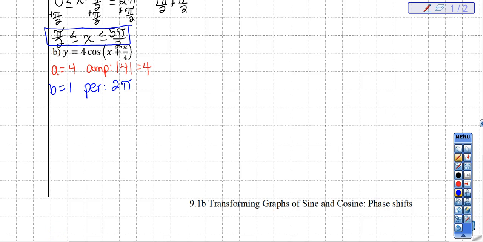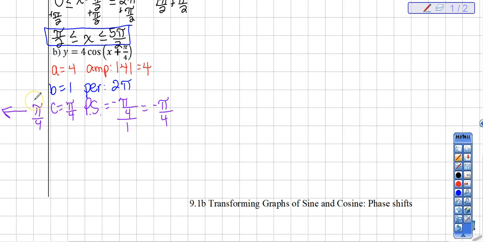Okay? And then your c term is pi over 4. So we're going to use b and c to find your phase shift. So your phase shift is the opposite of pi over 4 over 1, or negative pi over 4. So basically that's telling you you're going to push all of your points left pi over 4.